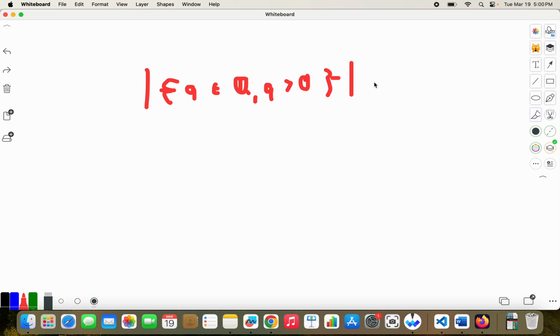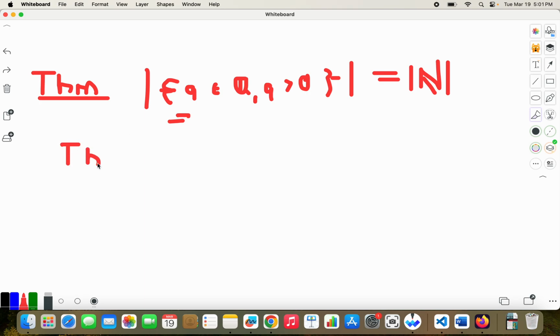This is a theorem, which we're not going to prove because I have no idea how to approach this, but it is hard to prove. So, that's the theorem, positive rationals, and we'll extend this theorem not just to positive rationals.